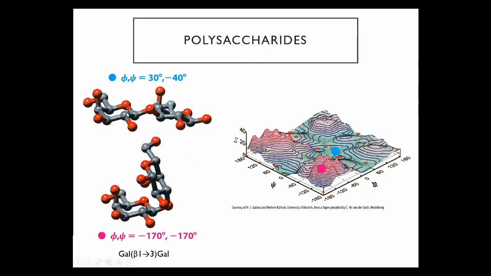So over here, this is a pretty stable configuration, because the 2 monosaccharides aren't really interfering with each other, whereas over here they're brought closer together, so there's a lot more interference. And so you can see basically the stability of different angles.